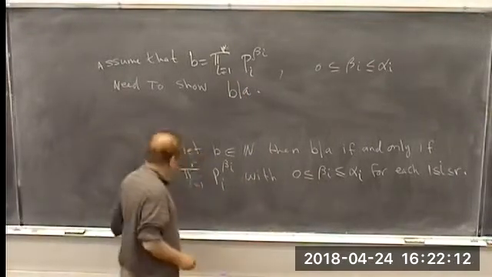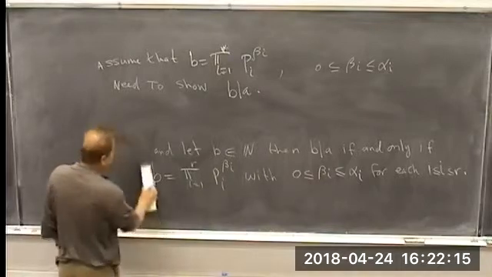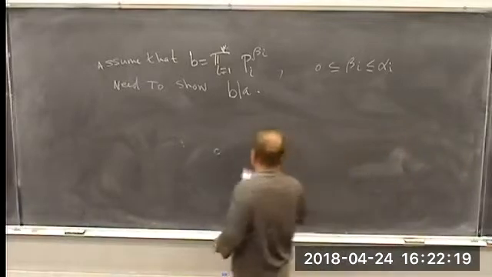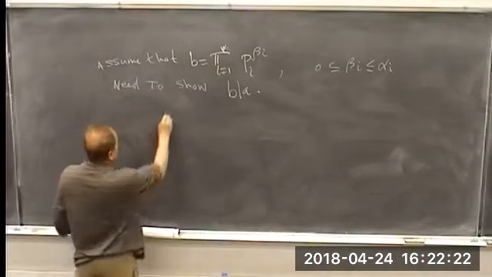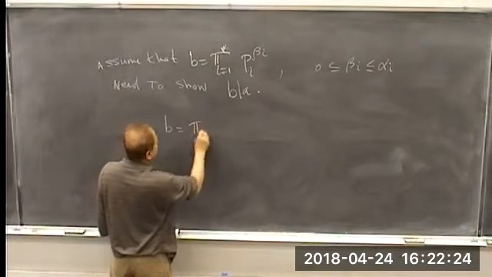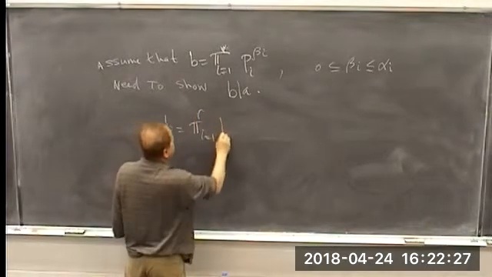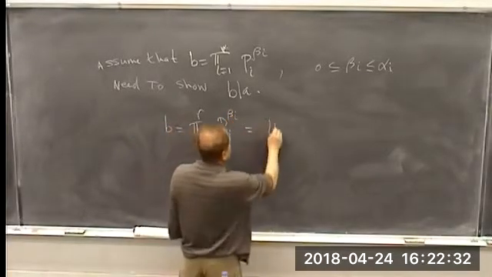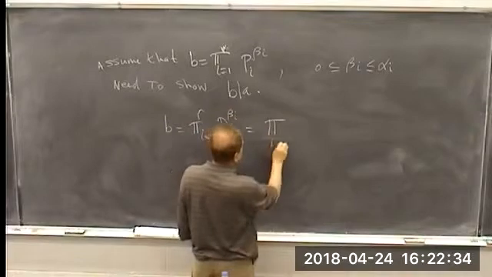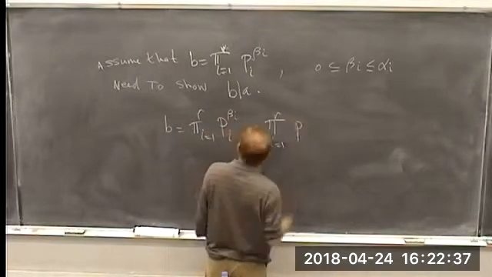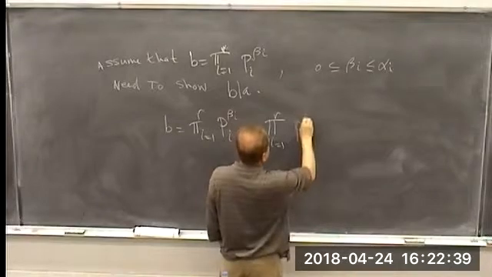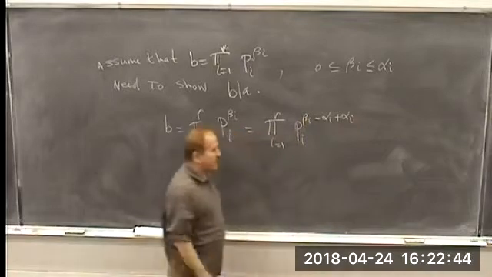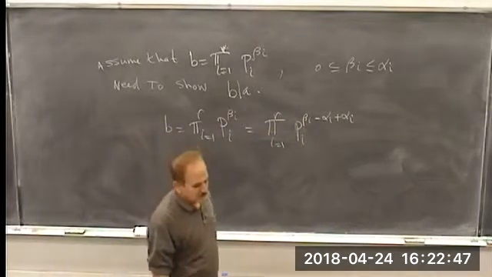All right. Let me do a little trick on the exponent and the product. Now B, I know this is equal to this. And I can write this one by beta_i minus alpha_i plus alpha_i, so I'm adding and subtracting these values.